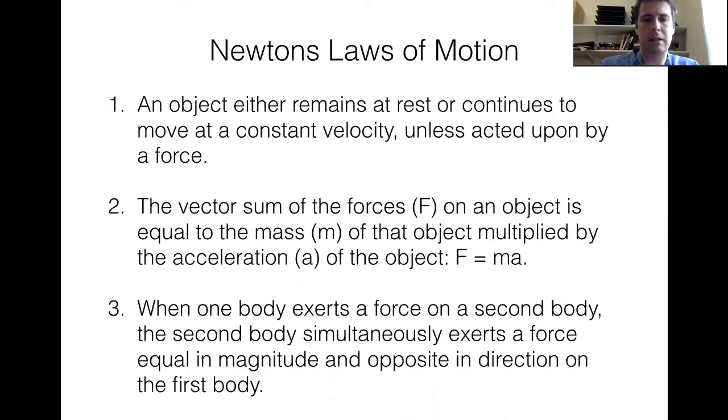So this is the equation of force equals mass times acceleration. The third law of motion is when one body exerts a force on a second body, the second body simultaneously exerts a force equal in magnitude and opposite in direction on the first body. So that's where the saying, for every action there's an equal and opposite reaction, comes from.